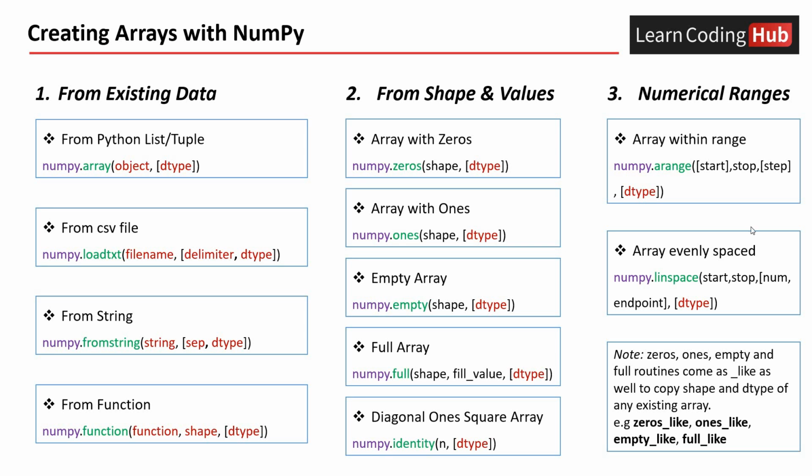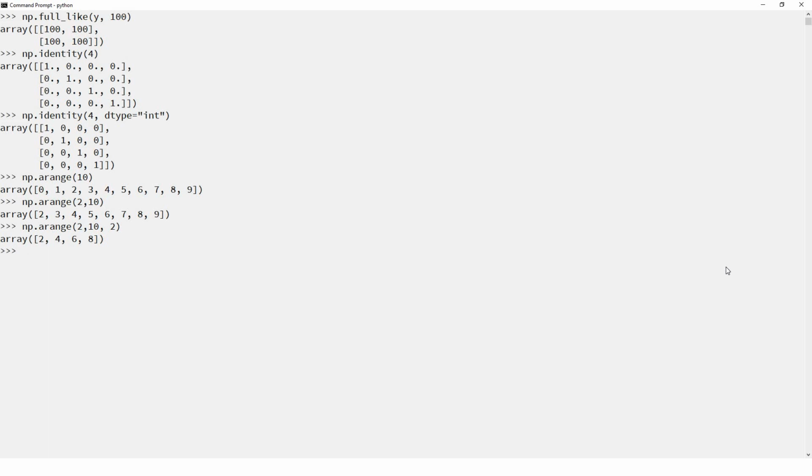The next one is linspace. With arange you specify the steps, but you're not 100% sure how many items you will get, especially if the range is big.